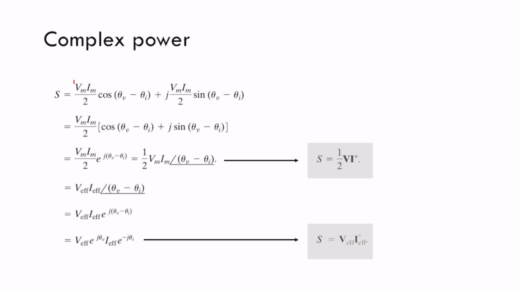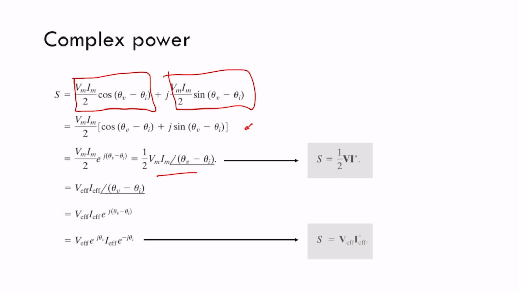I'm replacing now the value of the active power or average power, and this is the value of Q. I'm moving things around, and then using the Euler identity, I see that I can have an expression saying this complex power is 1/2 of the voltage phasor times the current phasor conjugate. This I star is a conjugate number.